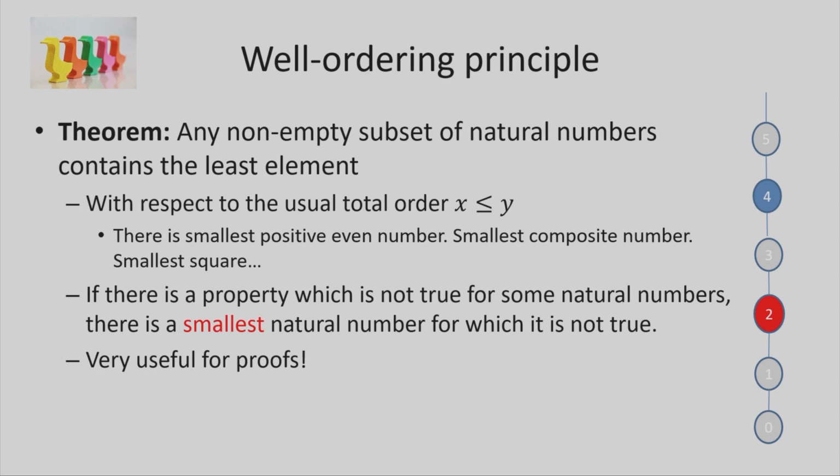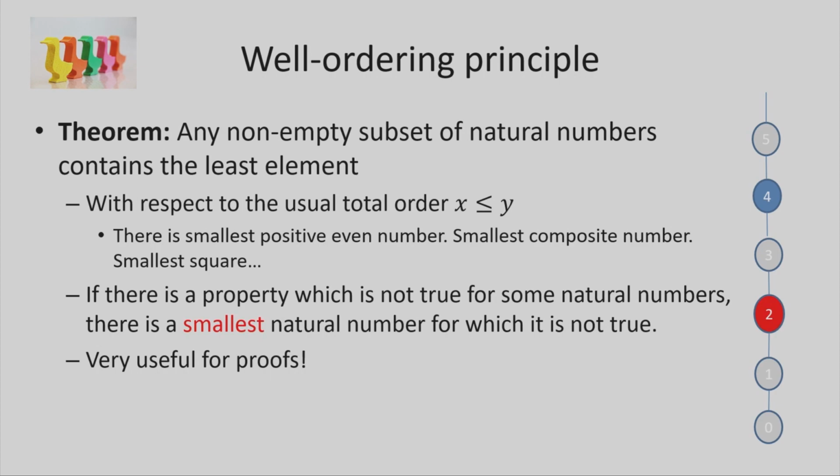So what do we mean when we talk about subsets of natural numbers, non-empty subsets of natural numbers? Well, there are lots of them, and different proofs are going to give us different ones. But if you want an example, you could think about even numbers. Is it a subset of natural numbers?